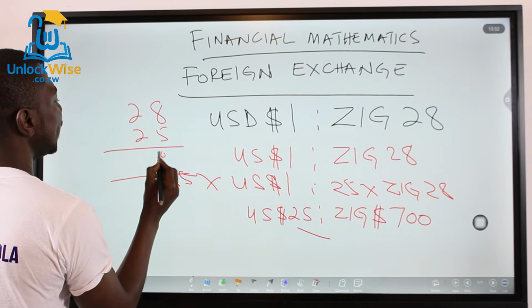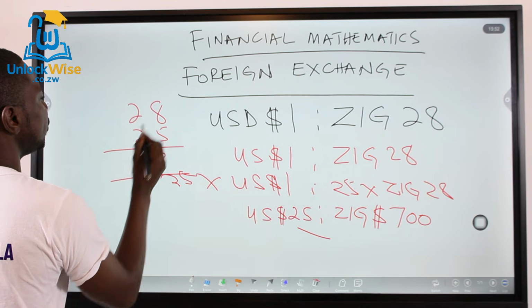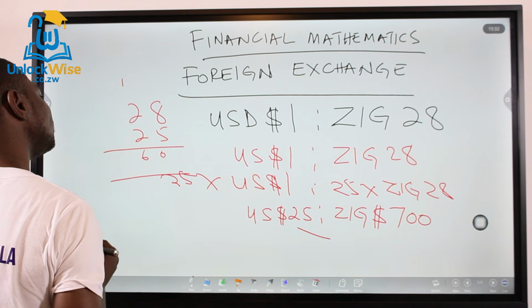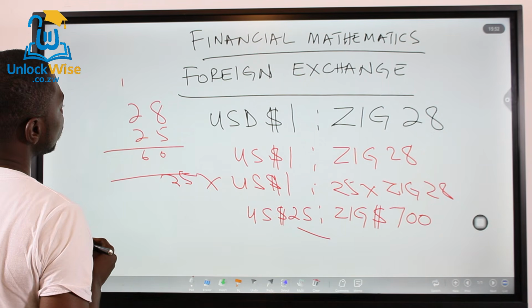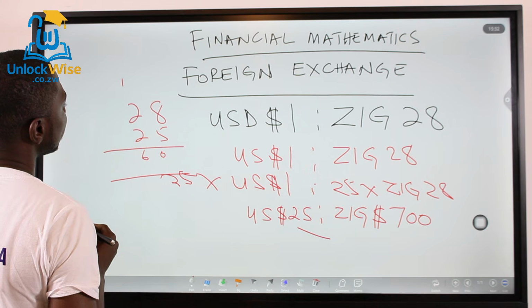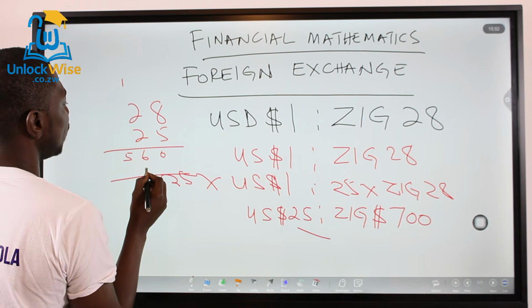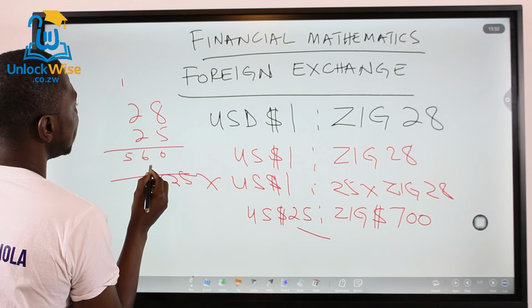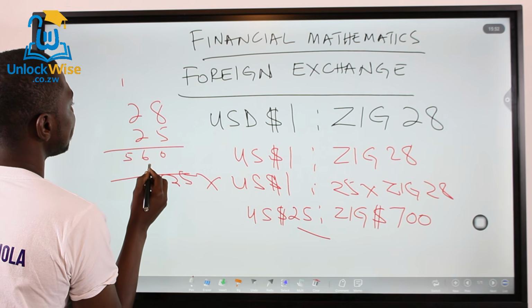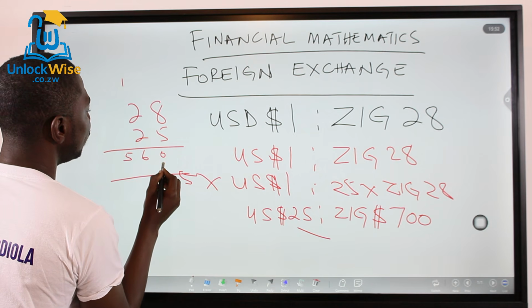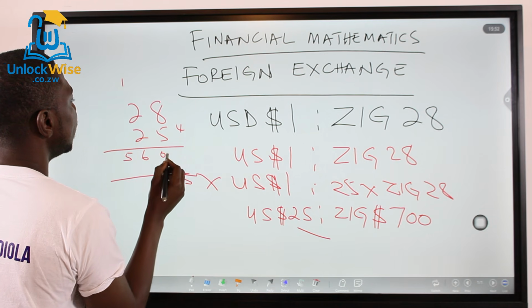Put a 0 here. Then this will give you 16. 6 carry 1. 2 times 2 you get 4 plus 1, 5. Then this one times this one, you get 40. 0 carry 4.